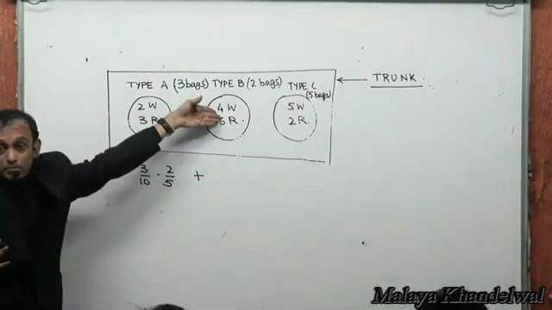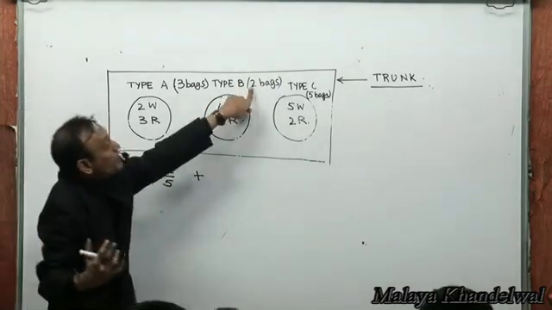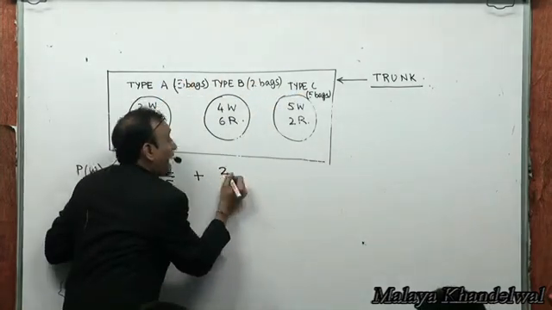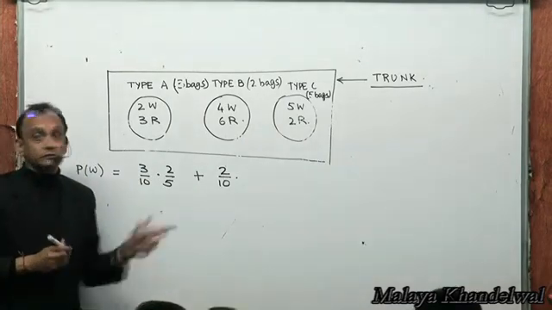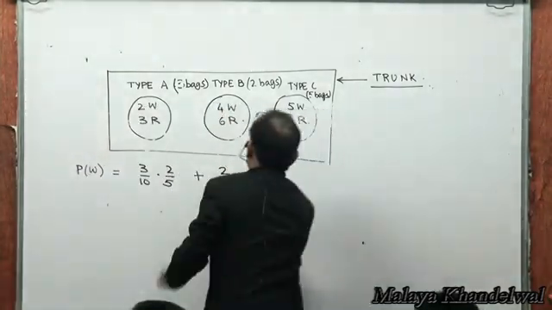I could have selected a type B bag. The probability of selecting a type B bag would be 2 by 10, and the probability of selecting a white ball would be 4 by 10.